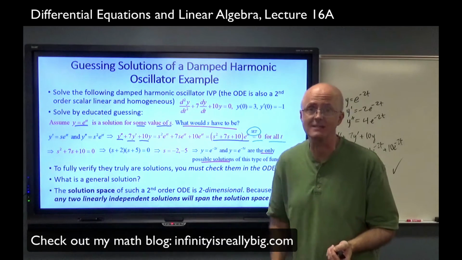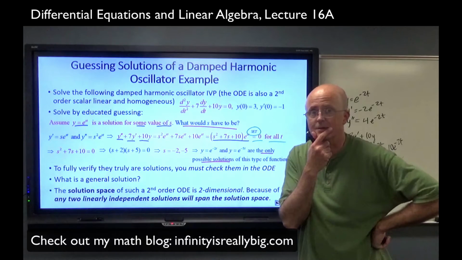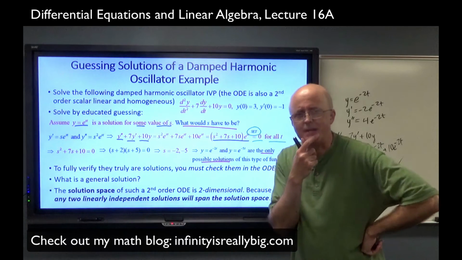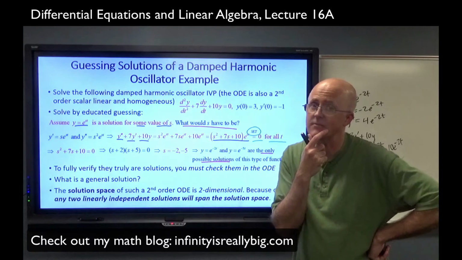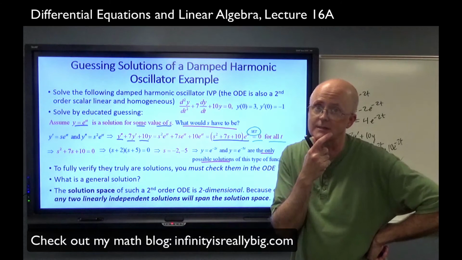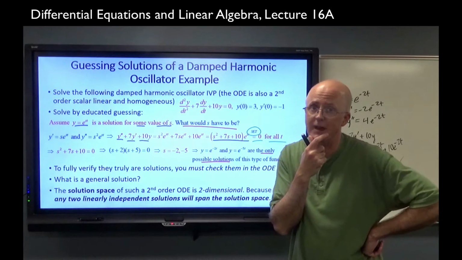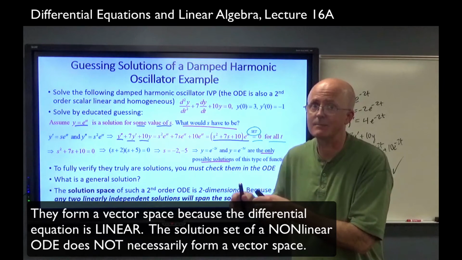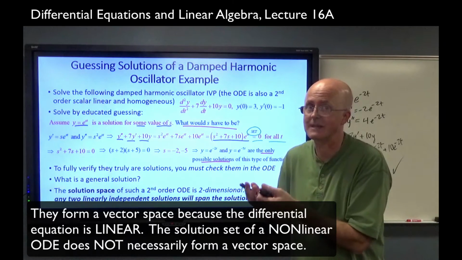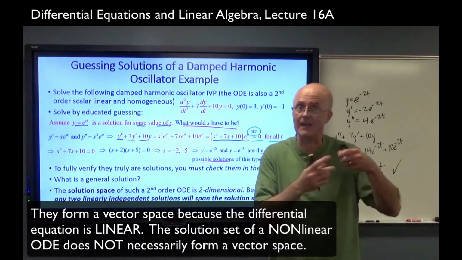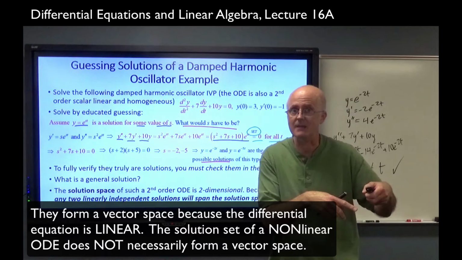It's the vector space of all possible solutions. That means it's essentially the set of functions that are all possible solutions. And those functions do form a vector space. They satisfy all the axioms in the definition of a vector space that I talked about in lecture 15b, and I will again re-emphasize in 16b.